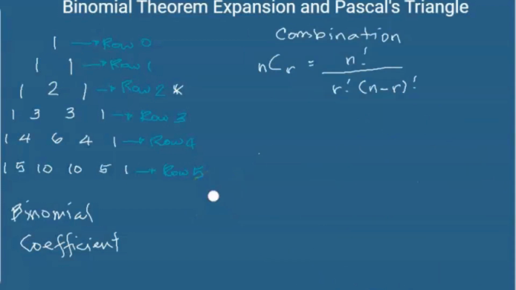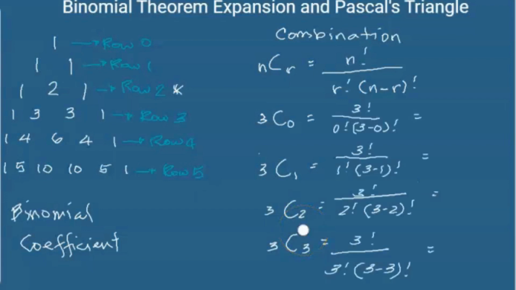Now let's try row 3 and see if we'll get 1, 3, 3, 1. So why don't you pause this video and try to get 3 taken 0 at a time, 3 taken 1 at a time, 3 taken 2 at a time, and 3 taken 3 at a time.